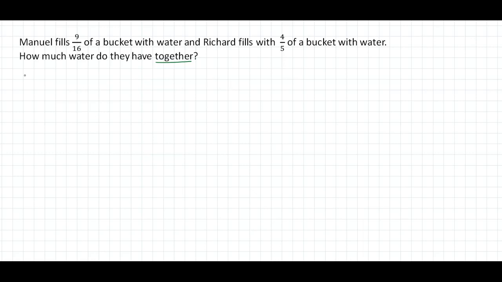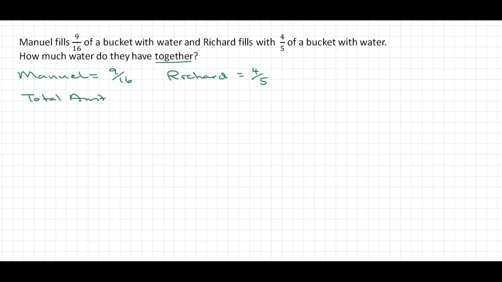So let's look at Manuel. How much water? We have 9/16 of a bucket. And then Richard has 4/5 of a bucket. So what is our word sentence? Our word sentence is total amount of water.